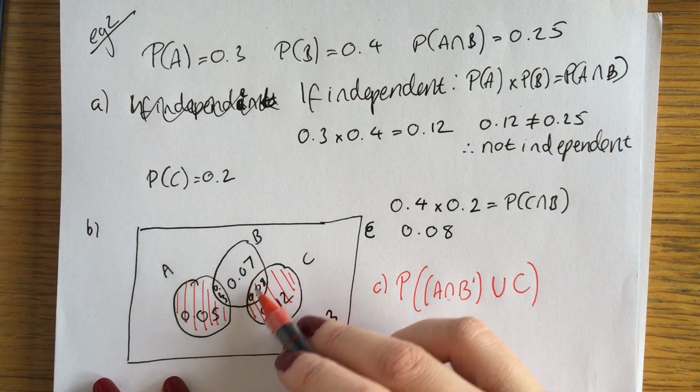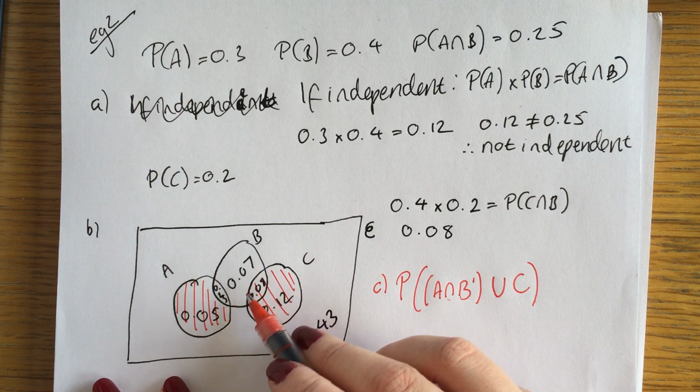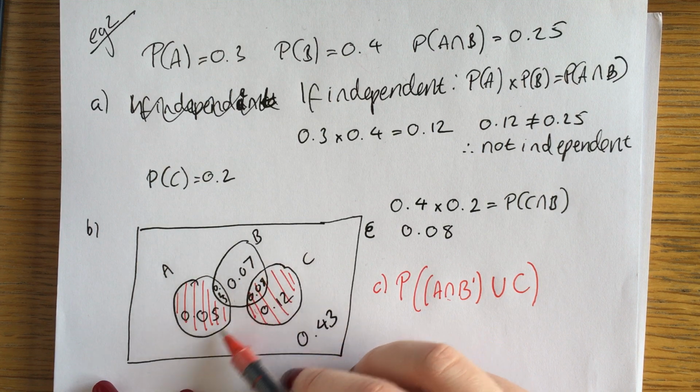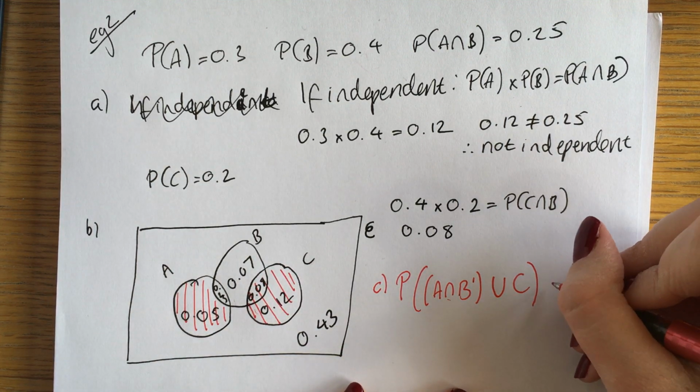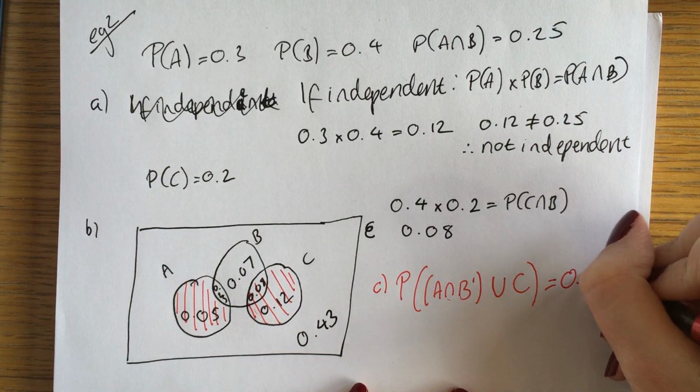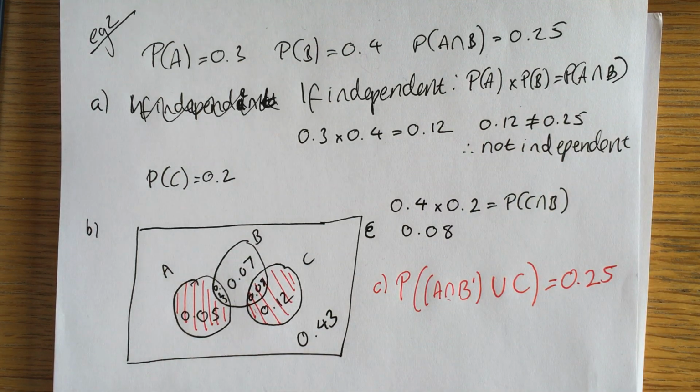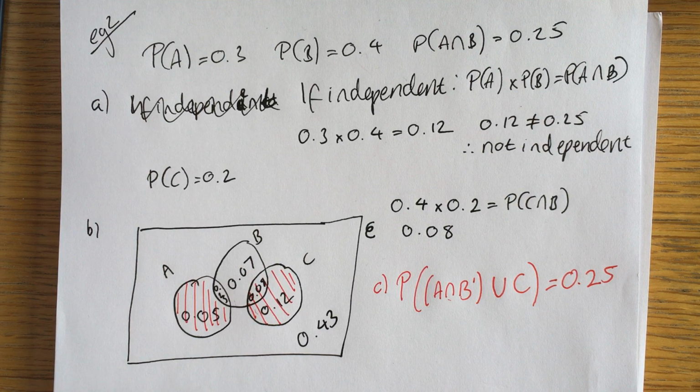That means we can look at this bit where B happens. So we've got 0.2 and 0.05. So it's 0.25. That's why shading on your Venn diagram is also really helpful. So that's a fairly quick revision of set notation, being able to understand the written probability.